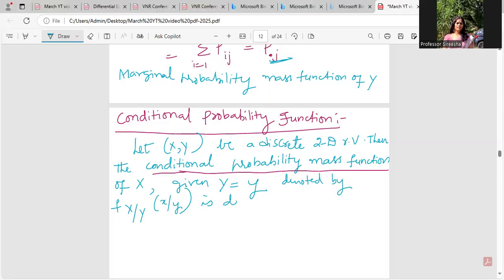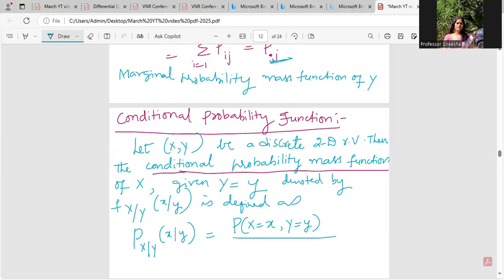It's defined as P of X slash Y in the bracket small x, y. This is equal to P of X equals x, Y equals y, divided by P of Y equals y. Capital X slash Y is nothing but probability of X if Y is known.